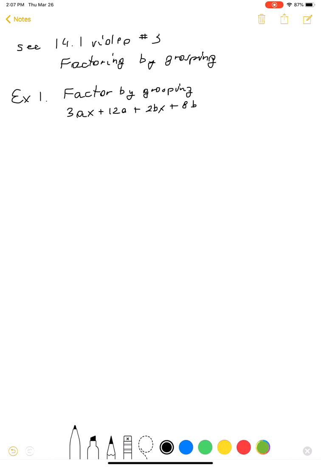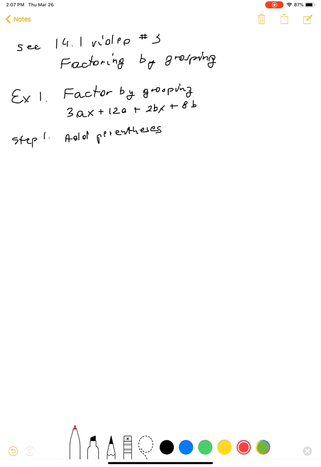Okay, so how are you going to do it? Step 1. Add parentheses. First you want to create groups.